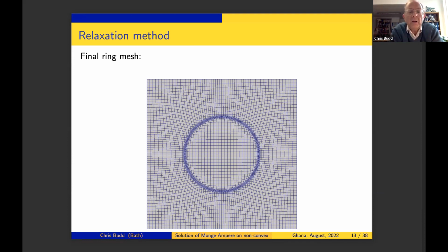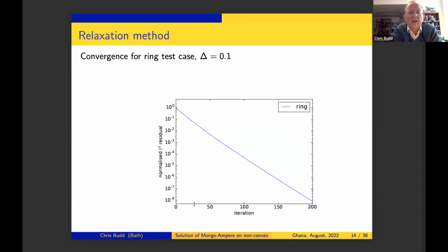Outside the ring, the mesh has distorted itself to meet the ring, but it still has very nice gradient properties. And around the ring, the mesh beautifully aligns itself in order to align the elements along the ring as you go around. So that really does look a very nice mesh. It has lots of nice properties associated with it. And this is how the convergence works if you do an iteration. And what you do is you monitor the residual of your finite element calculation, and it goes down nicely.